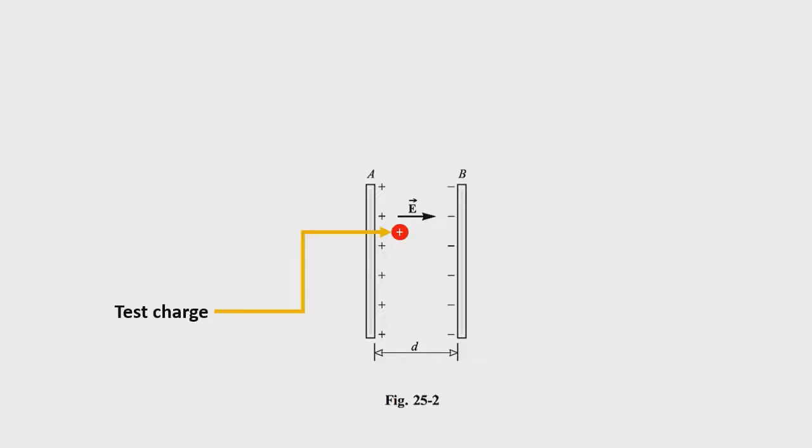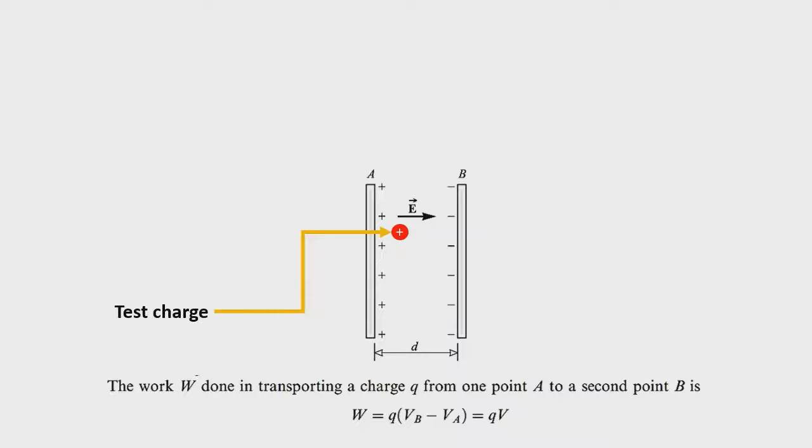So to calculate the work that is done by moving the test charge from B to A. In the default case, the work done is in transporting the charge from point A to point B, but in this case it's from point B to point A. So it's given by the formula W, or the work, which is equal to the charge multiplied by the final position, which is supposed to be B, minus the initial position, which is A. So that's why it's voltage.